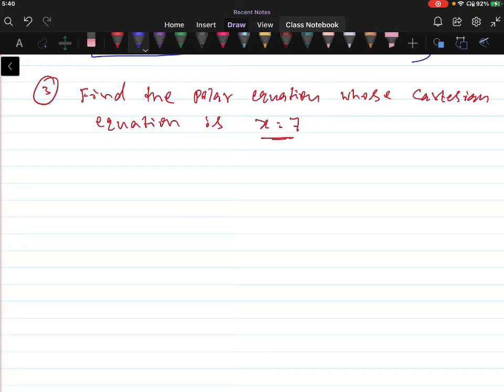Find the polar equation whose Cartesian curve is x = 7. So given x = 7, let us take it as equation 1.